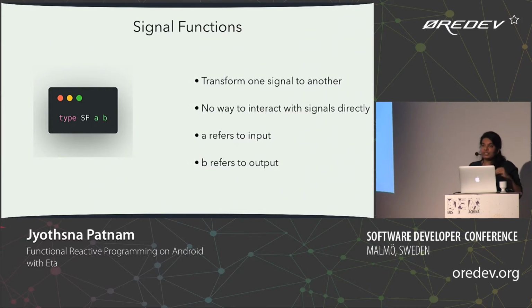You have to use the signal functions which are already in the library. A refers to the value produced by the input signal, and B refers to the value produced by the output signal over here.